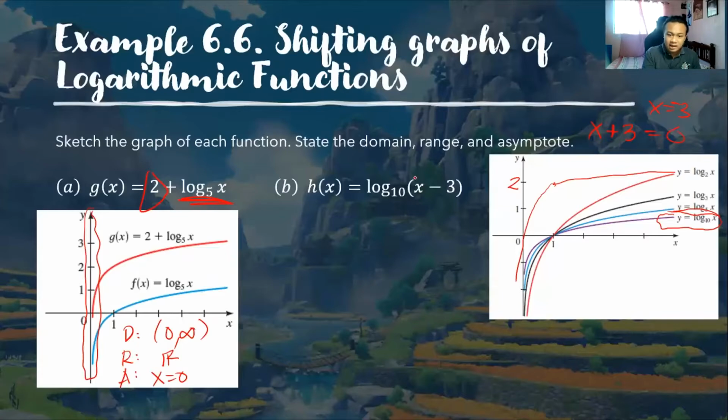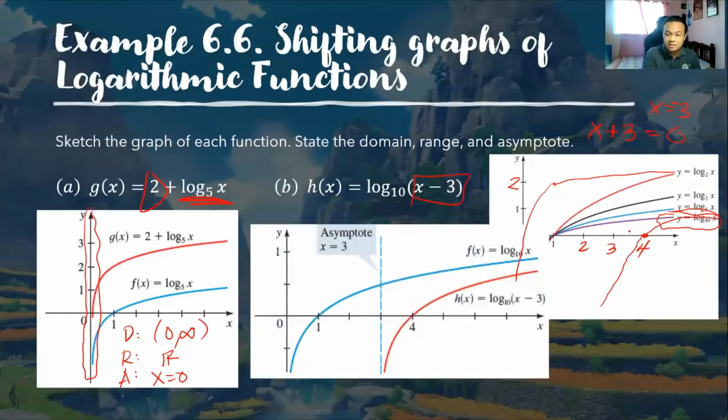So for this one, we shift the purple line 3 units to the right. This is 1, 3, then 4. So we shift 3 units to the right, and that becomes the new line. It looks something like this.